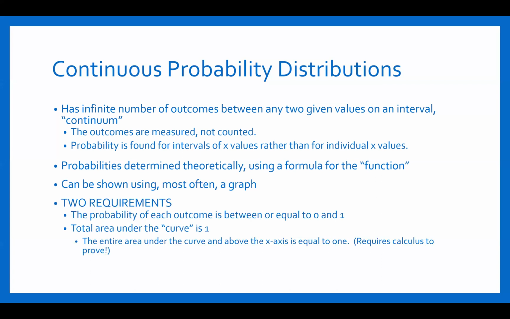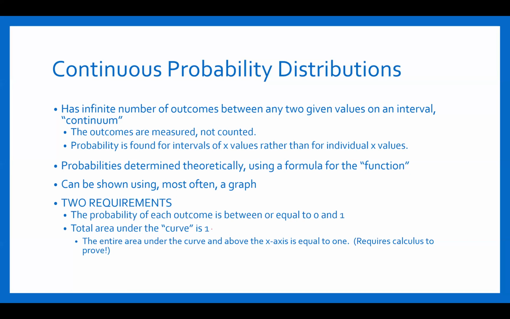The two requirements for the continuous probability distribution are really the same two that we had for discrete. We just state them differently. The first requirement is that the probability of each outcome is between or equal to 0 and 1.